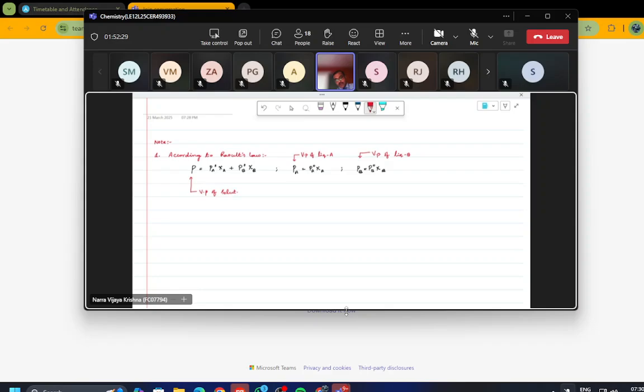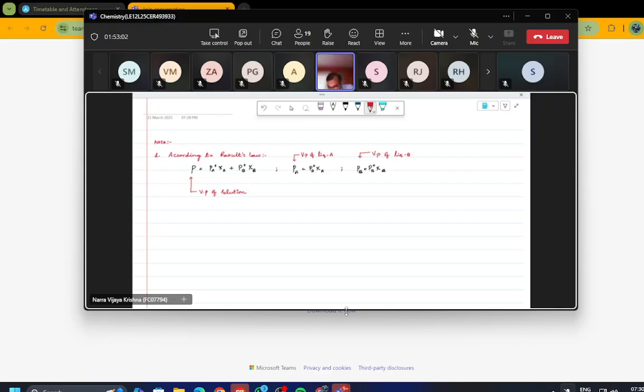Is it theoretical or experimental? Experimental. The theoretical value is this, the experimental value is this. Both equal means ideal, means they are obeying Raoult's law. Correct? This indicates the theoretical value, this indicates the experimental value. Both are equal. If both are equal, you can call this theoretical or experimental, your wish. That's why I'm writing vapor pressure of solution.